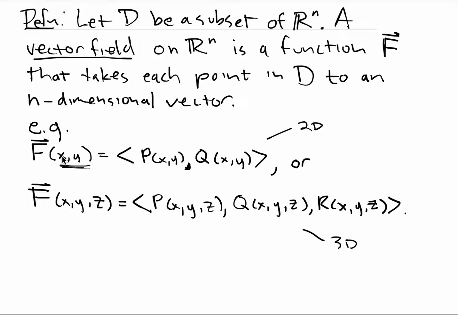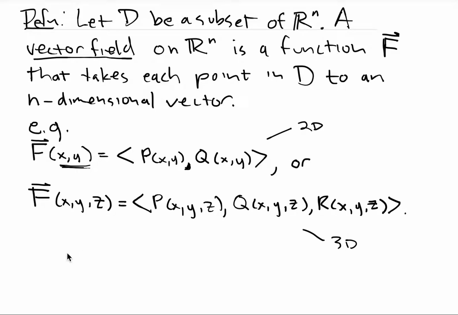If I'm looking at how this 2-dimensional point goes to this 2-dimensional vector, there's a scalar function telling me what happens in my x component, and there's also a scalar function telling me what happens in my y component. If I wanted to look at the 3D example, we have 3 such functions telling us what happens in each of those components. So really, what a vector field is, we're stacking together a bunch of scalar functions to build one big vector function, to demonstrate what's happening with each of my components.